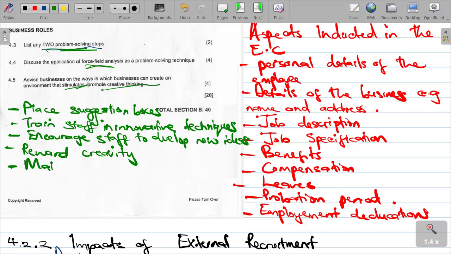The organization is to make time for brainstorming sessions to generate new ideas. Right, let's move on to the next question.